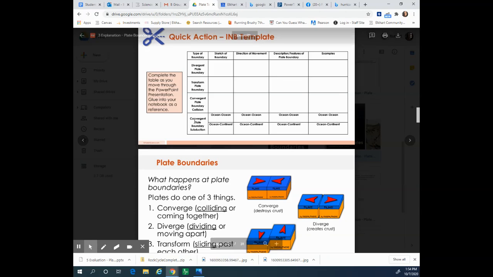Now, convergent plate boundaries. I want land to land, a boundary that is land to land, that makes a mountain. Then I want ocean to continent, ocean to land, that makes a volcano. And then I want ocean to ocean that creates a trench. And all of these need to be examples of a convergent, divergent, or transforming plate.